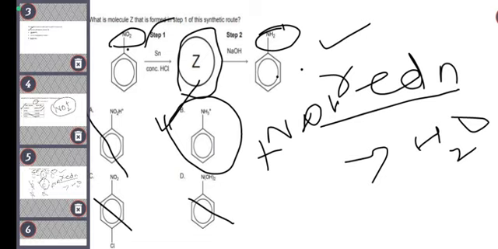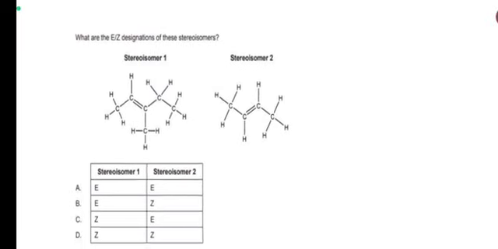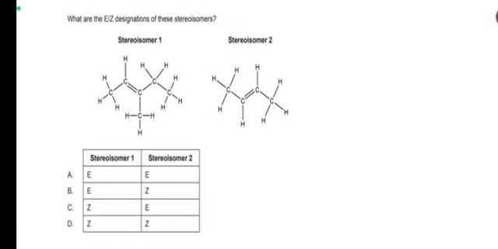Next question. The question is about E and Z isomers. E Z isomerism is not in the syllabus, but the question can be asked in terms of cis-trans isomerism. Right?